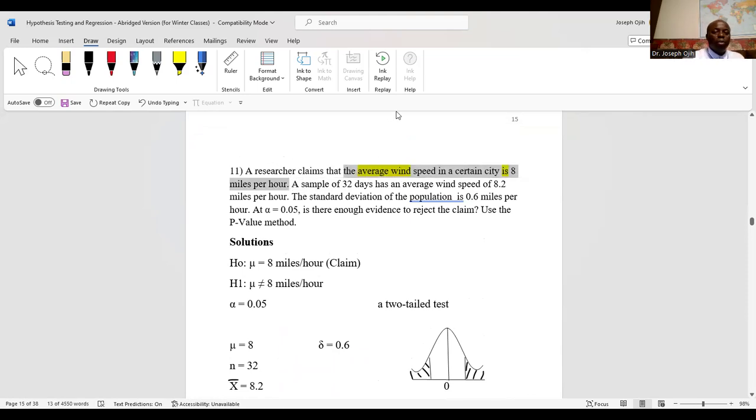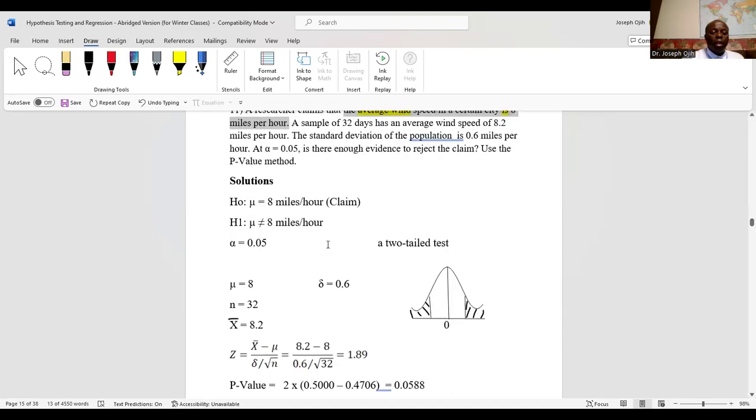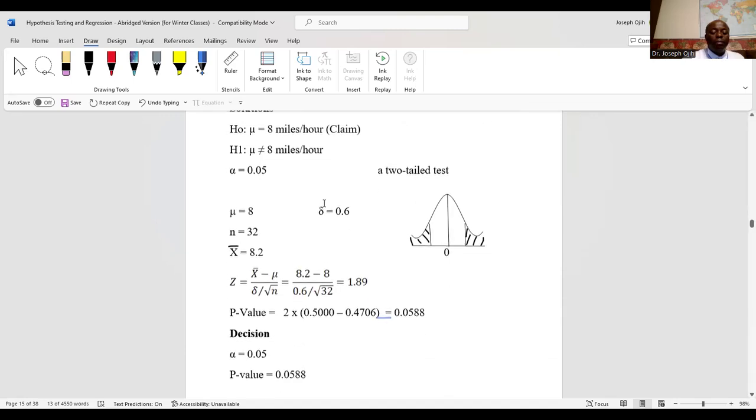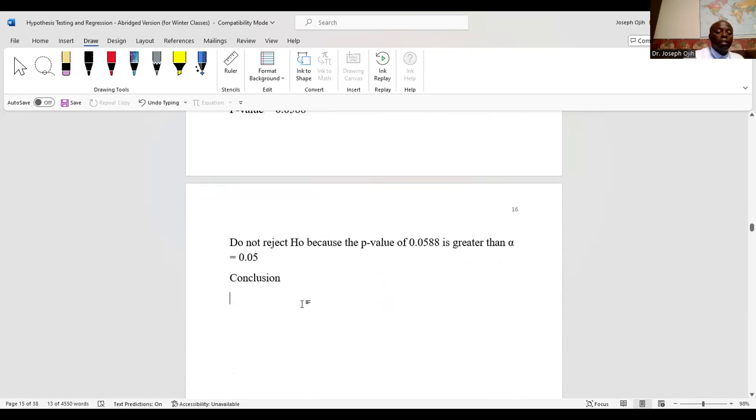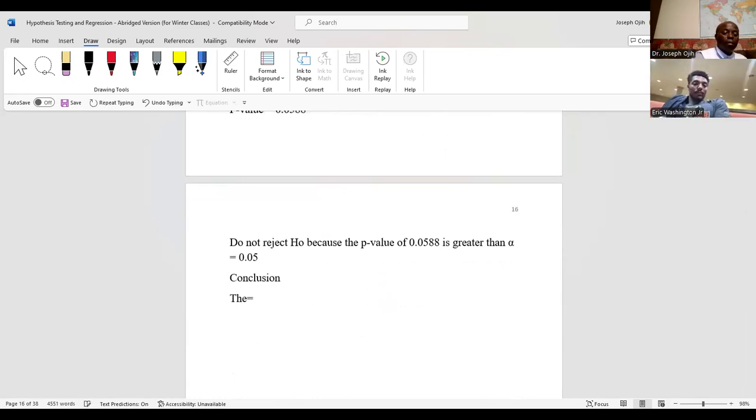We did not reject H0, and H0 has the claim this time. So we can say that there is enough evidence to support the claim.